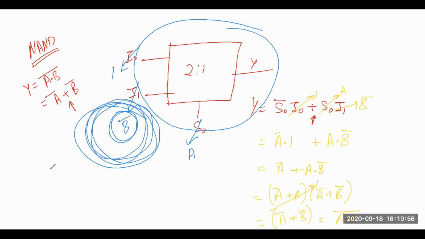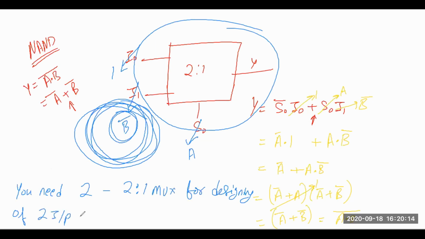So your answer will be you need 2 2:1 muxes for designing of a 2-input NAND gate. Okay, so this is the example for NAND gate.